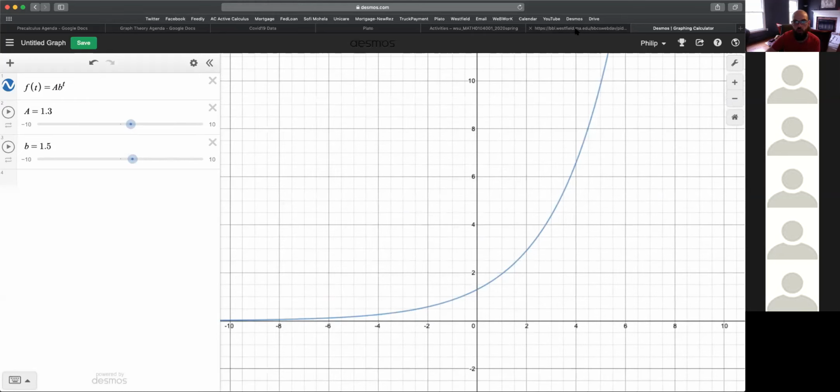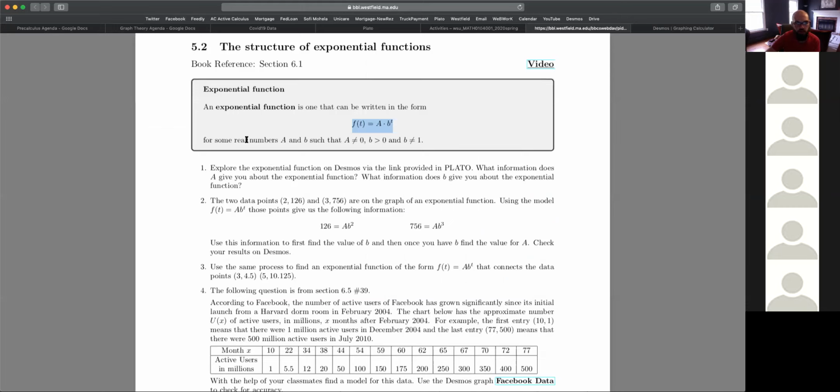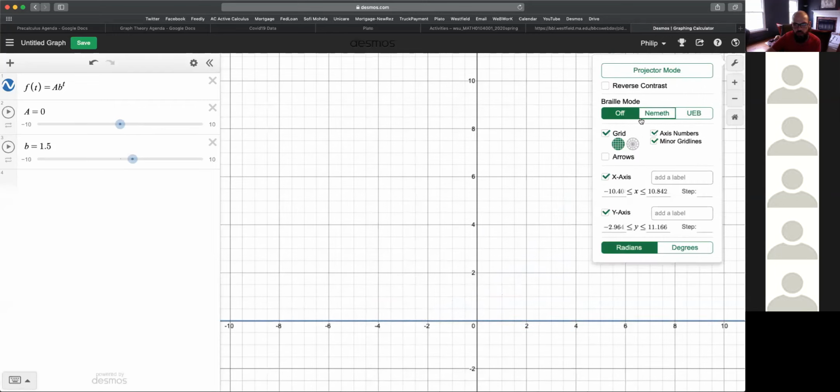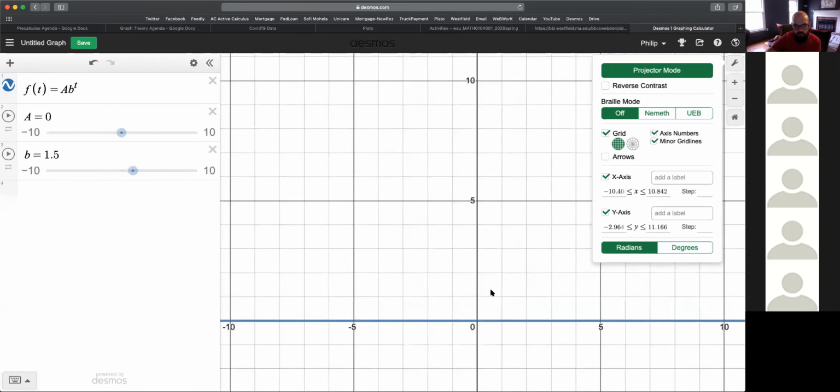Okay, so what we are claiming here is we don't want certain things to happen. Okay, so we don't want a to be 0. So we'll go ahead and explore that. So let's make a 0 and see what happens here. Okay. Can we all see where that blue line is?